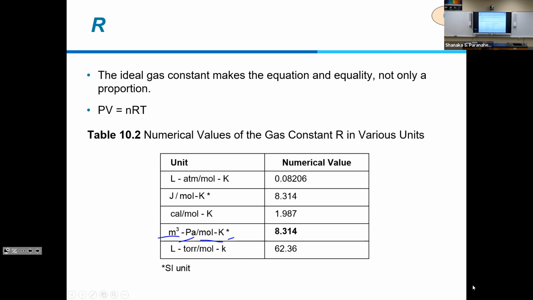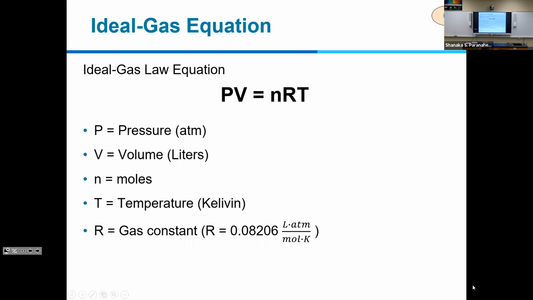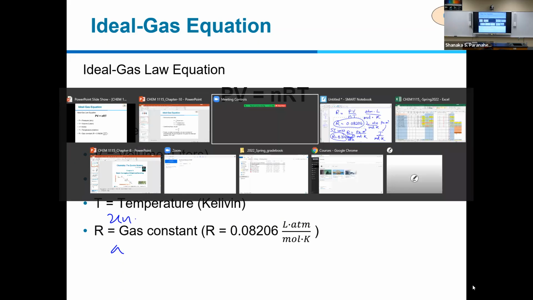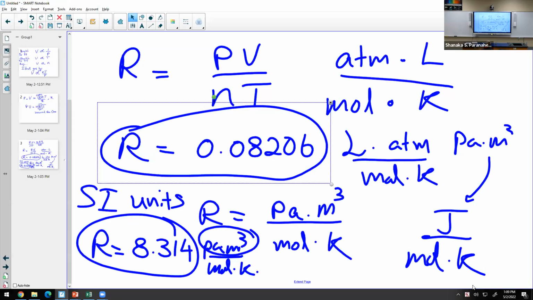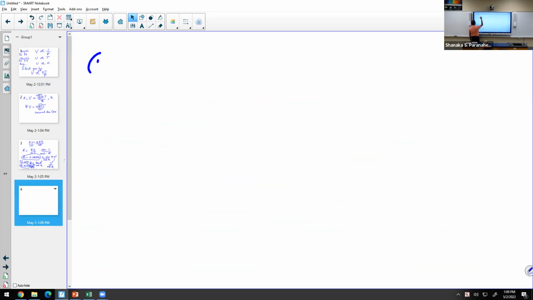This law is called the ideal gas law: PV equals nRT, pressure, volume, moles, temperature, and the gas constant, or universal gas constant. You should be able to identify these 5 variables. Let me give you a question from this equation. Let's calculate the volume of gas. What is the volume of gas?